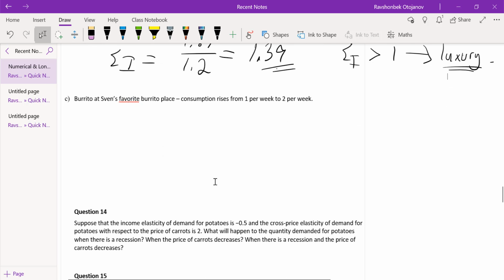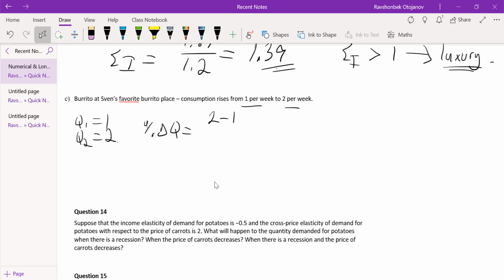Next, it's burrito. It's a positive value here. Quantity 1 for burritos is 1, quantity 2 for burritos is 2. Now the percentage change in quantity again: 2 minus 1 over (1 plus 2) over 2, which gives us 1 over 1.5.